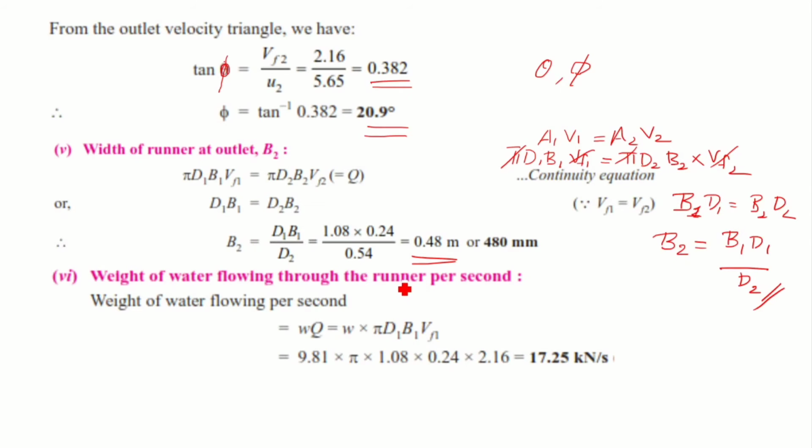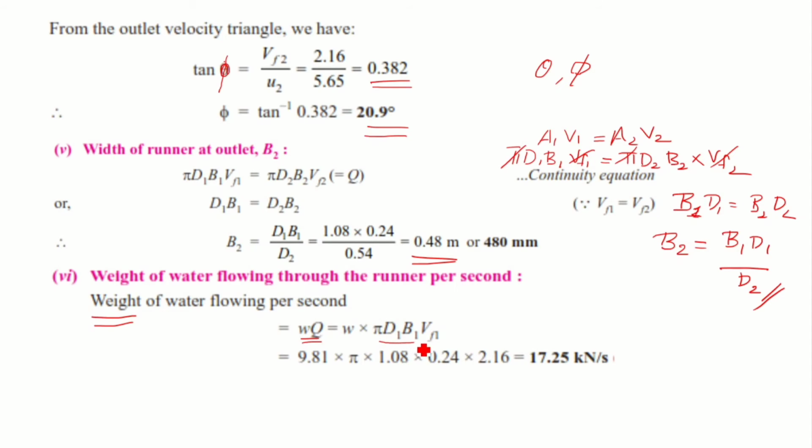Next, weight of water flowing per second. Sorry, not velocity, weight of water flowing per second. Weight of water is obtained from the equation W into Q, where W is the weight density. Q is the discharge. Discharge is area into velocity.